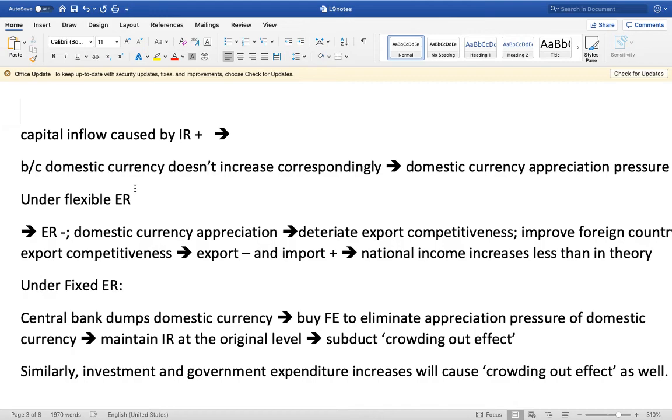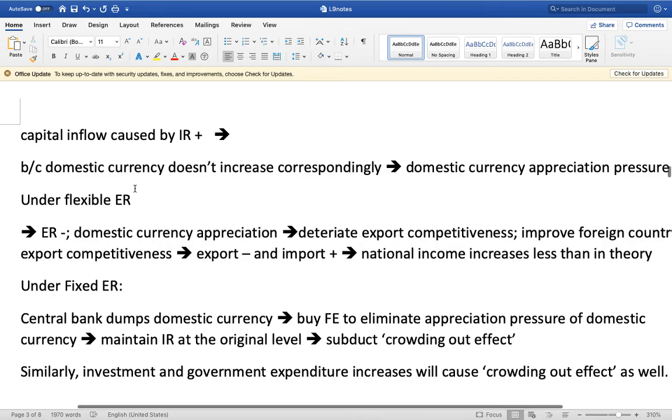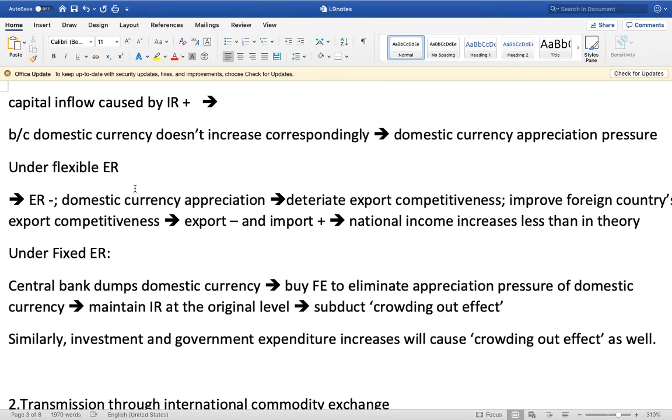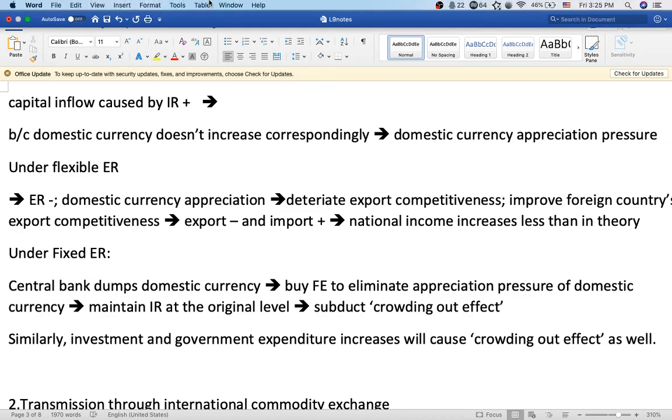That will decrease the export competitiveness and improve the foreign countries' export competitiveness. Exports will decrease and imports will increase, and the national income increase is less than the theoretical one.